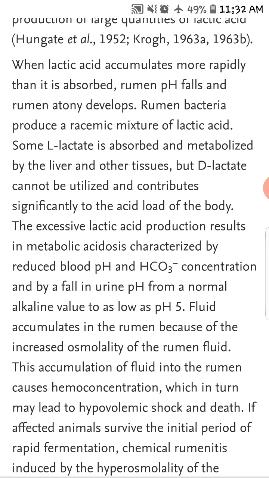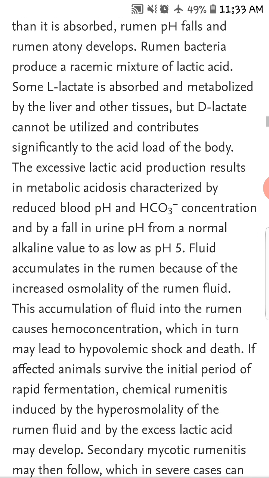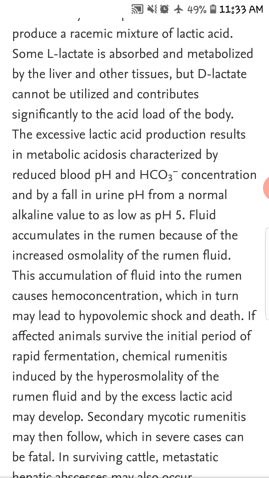Urine also becomes acidic, from a normal pH of 5. Then fluid accumulates in the rumen. Why?